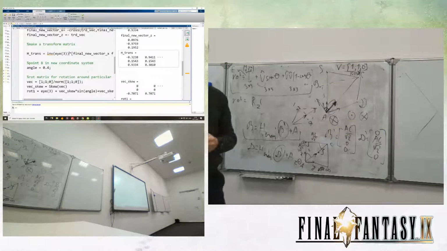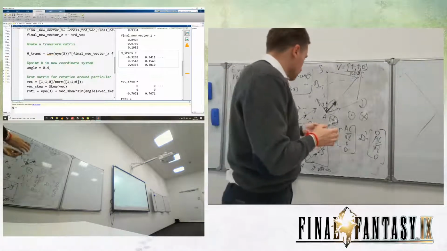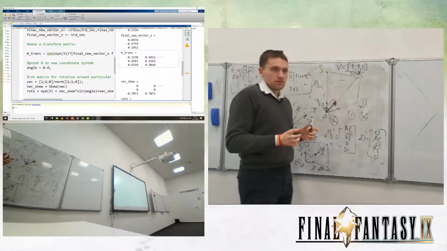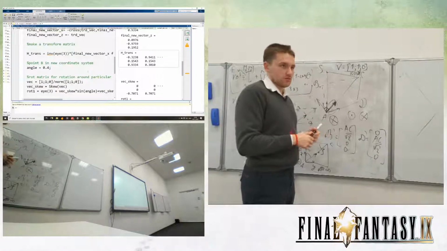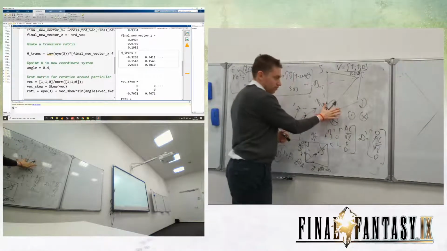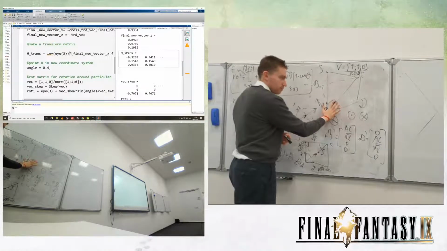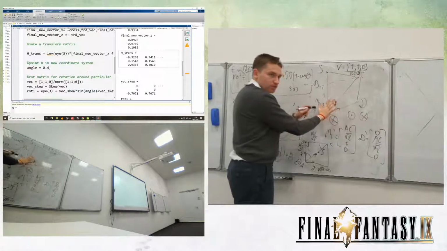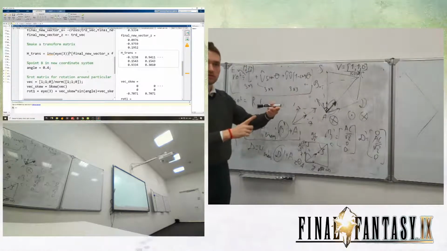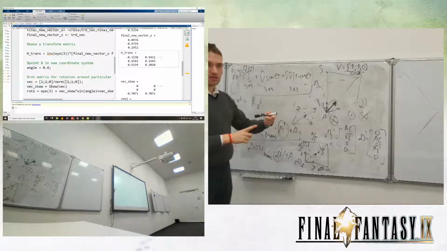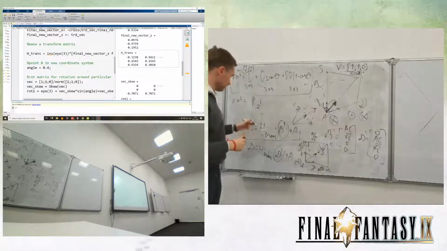Okay, let's try to think. We need to rotate around something. We know that we can rotate around some particular axis. Now, our vector won't belong to this. What can we do? Rotate around the z axis by 45 degrees. Now one of our axes will lie on our line.